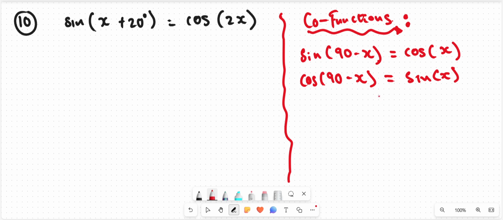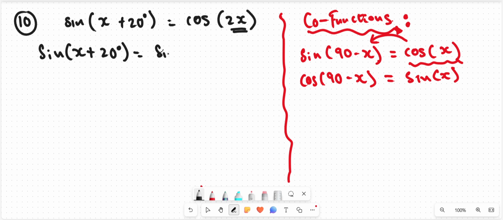And what we're going to be doing is noticing something that looks like this, and rewriting it as something that looks like that. So take a look at the one you have in front of you there. You should notice that instead of being an x, this is a 2x. But what I can do is keep the 1 on the left hand side, and that one I can write as a sine of 90 minus the 2x.